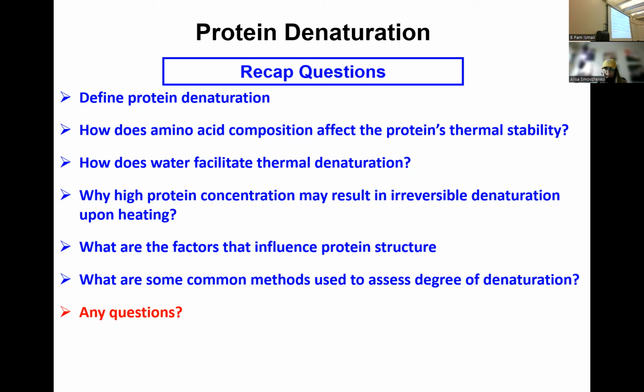I did have one more. Maybe I wasn't clear on this, but once the protein denatures, does it ever go back to the native state? Well, there is reversible denaturation, so after a very, very short lapse of high temperature and then going back, it might reconfigure itself to the original state. That's reversible denaturation. But over time we deal with something beyond reversible.